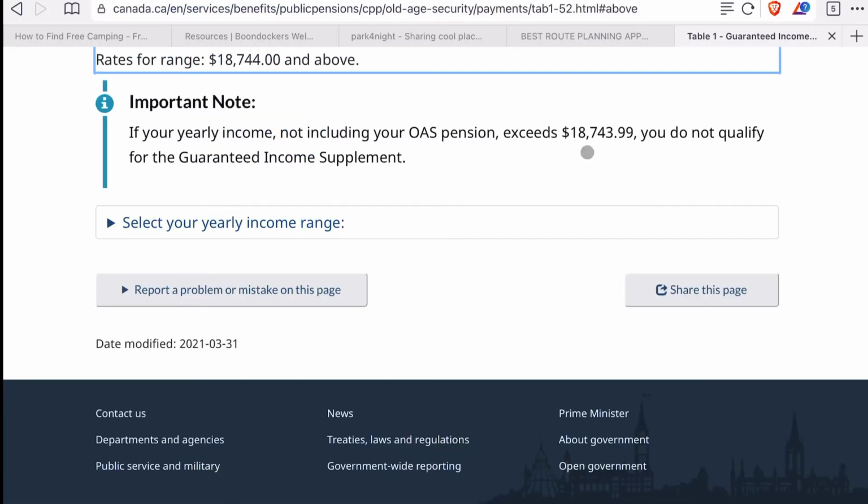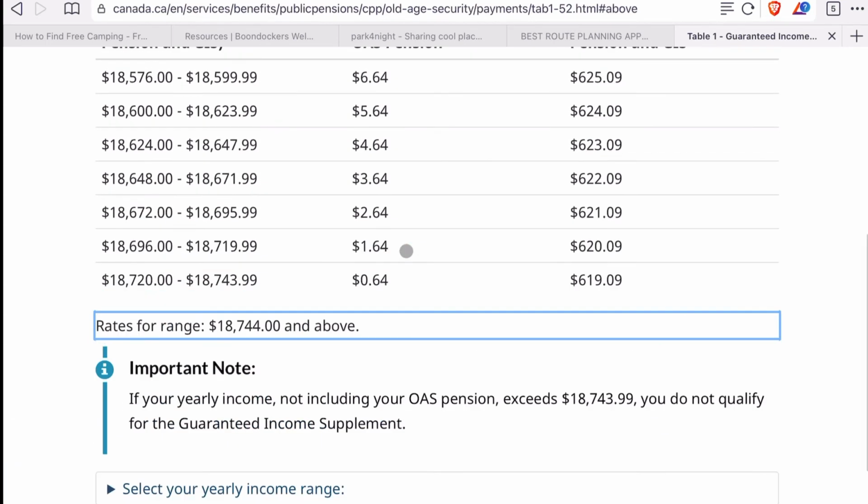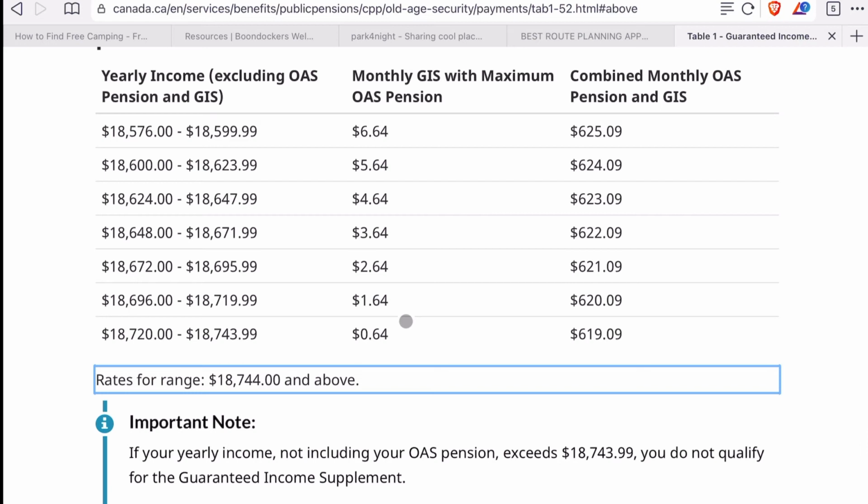See, if you hit income of 18,743, you do not qualify for the guaranteed income supplement. So you would get monthly GIS with maximum old age security. So you get 64 cents if you're between 18,720 and 18,743.